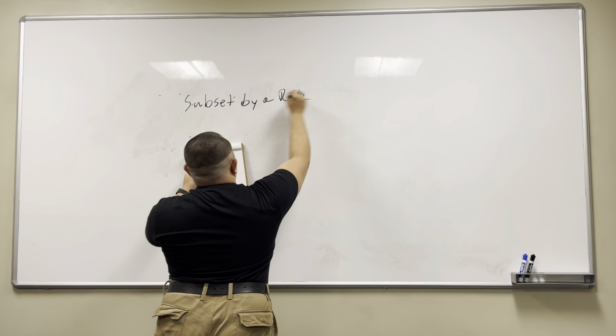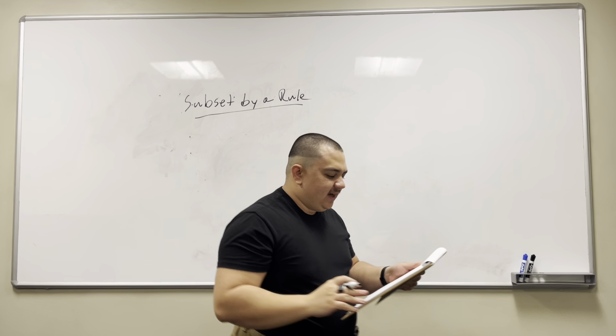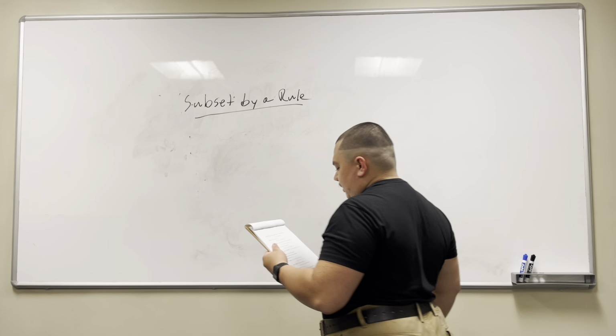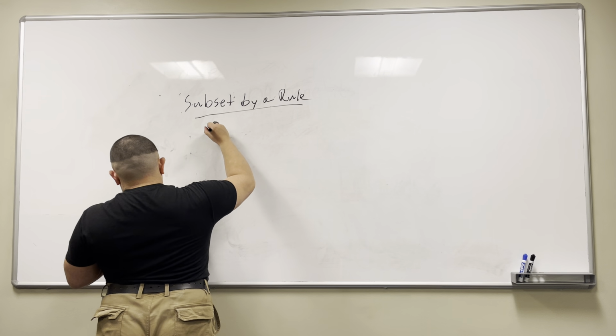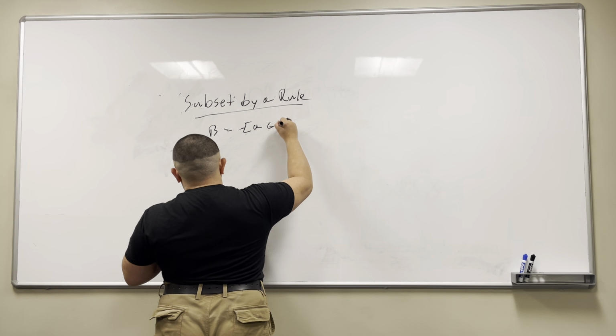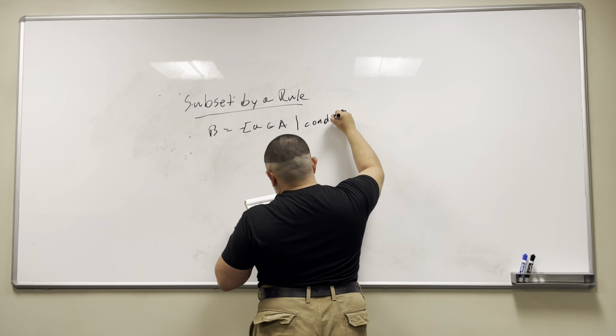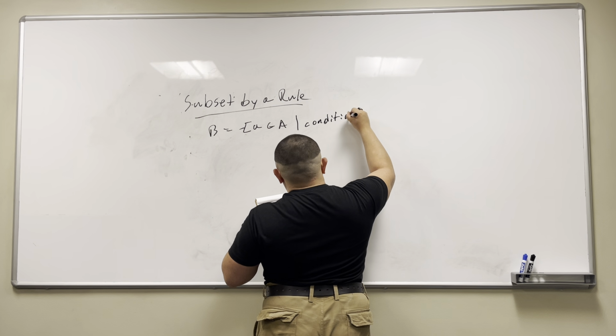Everybody knows what subsets are, right? Well, if you don't, we can just write it out here. We can describe a subset of A by giving a condition. So B is equal to the set of a in A such that a satisfies a condition.